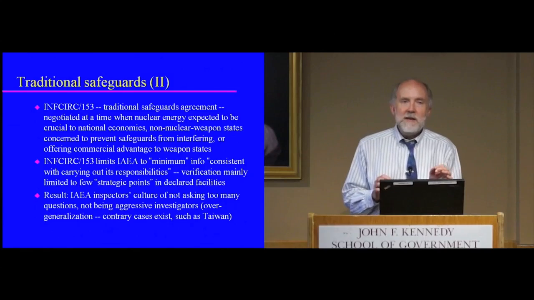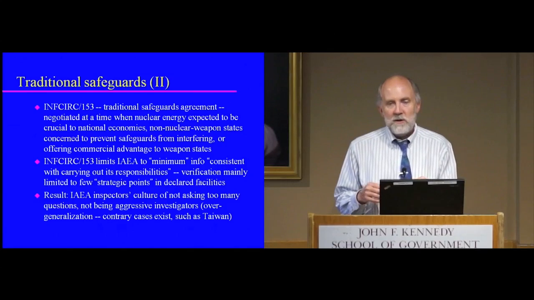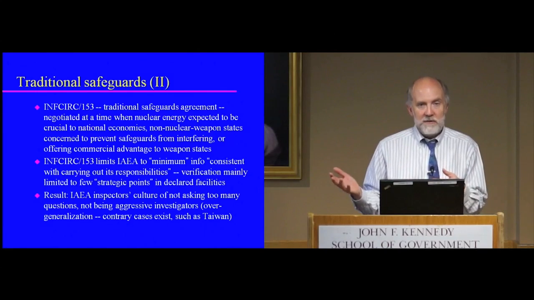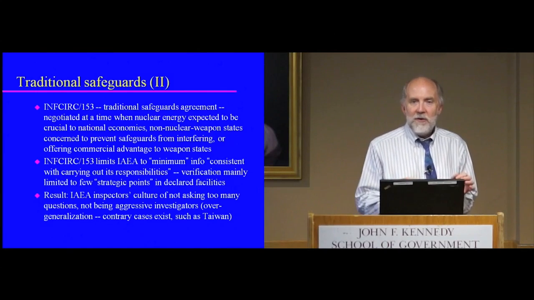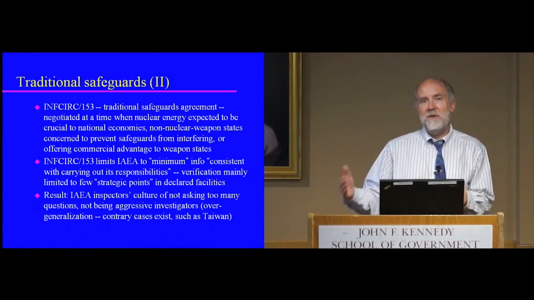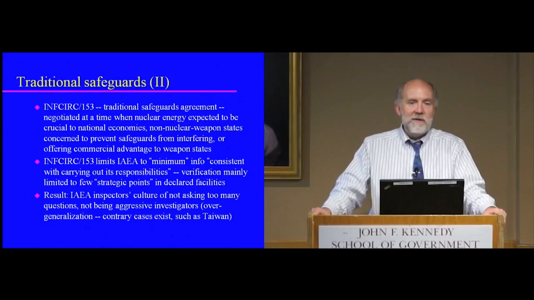I should say that even this traditional agreement does give the IAEA the right to what are called special inspections at other undeclared places if the IAEA determines that such a special inspection is needed for it to be able to fulfill its responsibilities under its safeguards agreement with the state.